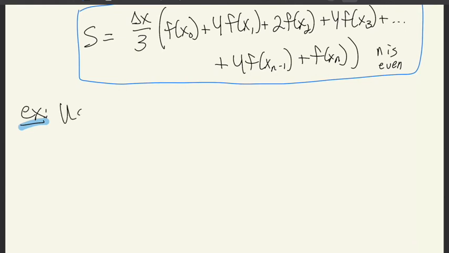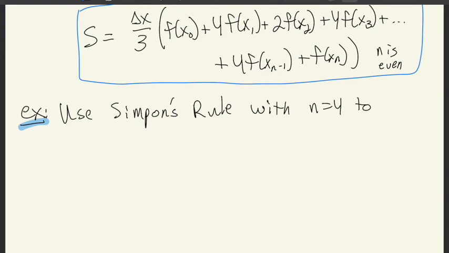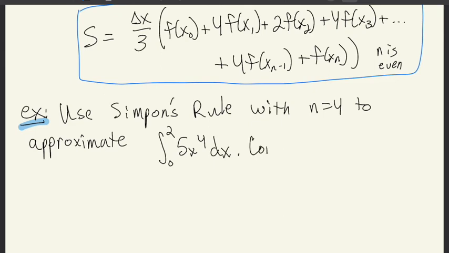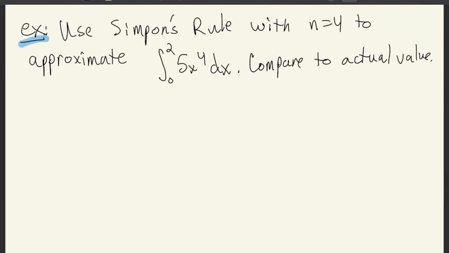Okay, let's see an example of this. Use Simpson's rule with n equals 4 to approximate the integral from 0 to 2 of 5x to the 4th dx, and then compare this to the actual value.